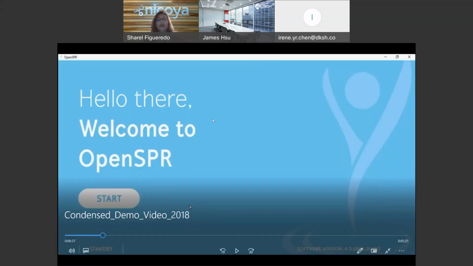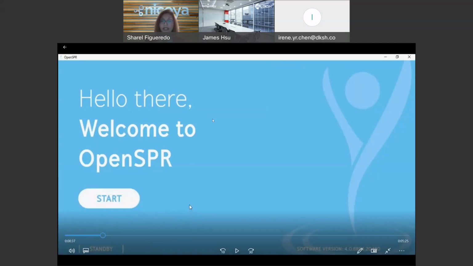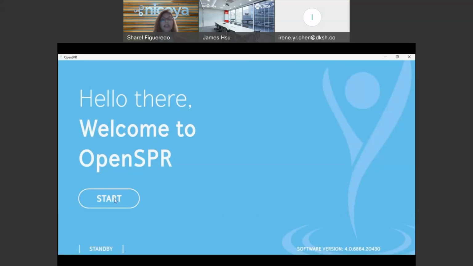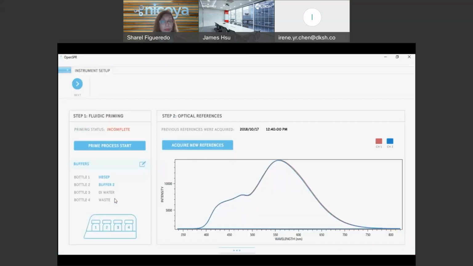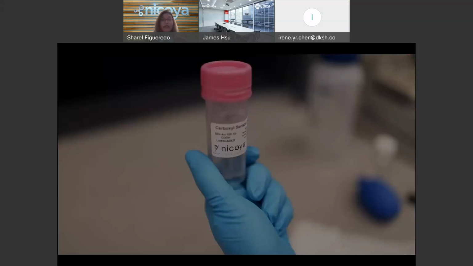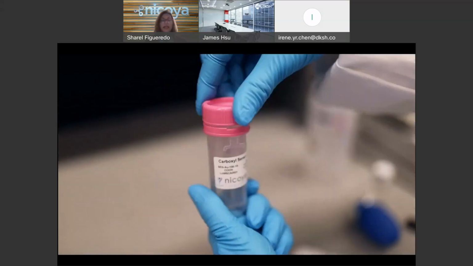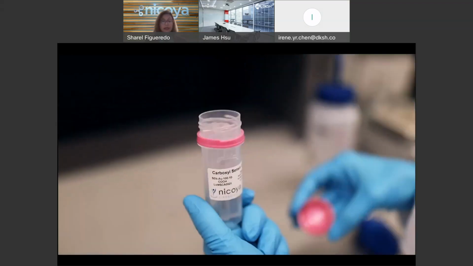Once you have decided what chemistry you need, let's say you're going to use a carboxyl sensor where you will be utilizing covalent chemistry, you'll then need to start up the instrument, prime it, following the instructions, and then you load the sensor.